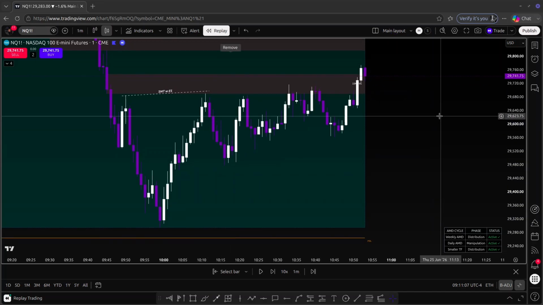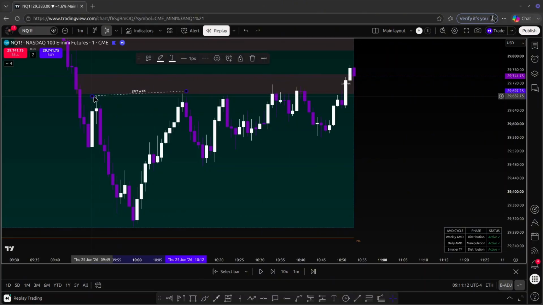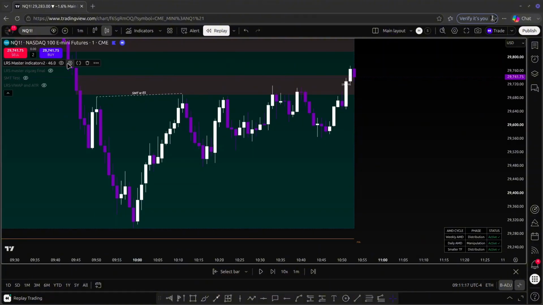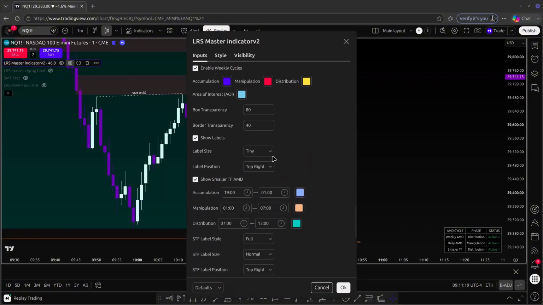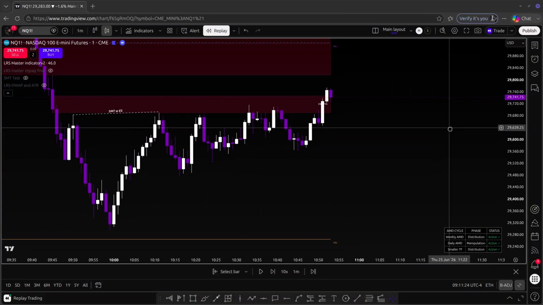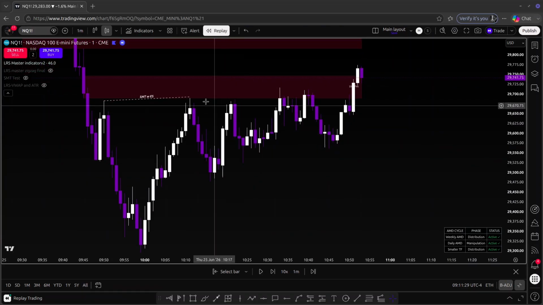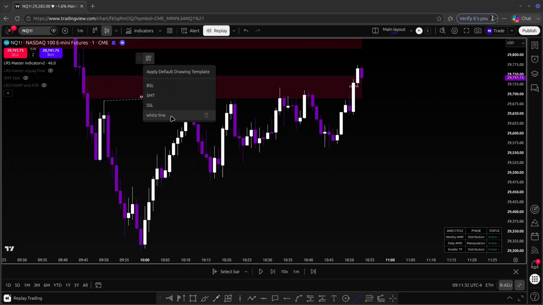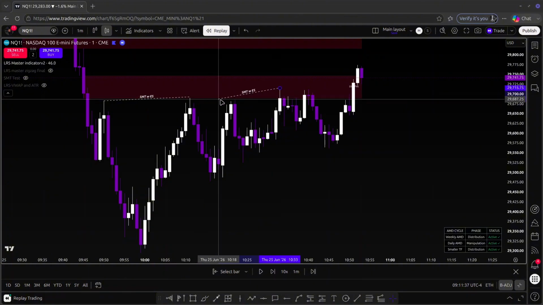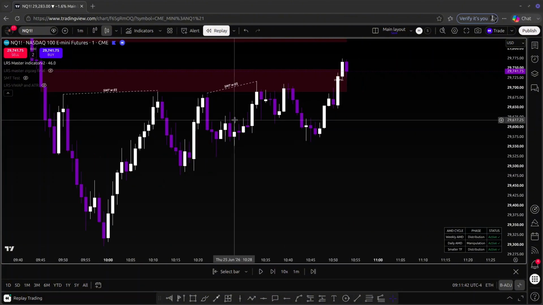And why is this important for you to know? Because of the psychology behind wanting this move to be right. What you need to understand, let me hide this part of my indicator, is that most of you would perhaps have struggled at every single SMT that you would have seen. Maybe there was an SMT here, maybe there was an SMT here, and as you can see, there's a lot of bearish narrative going on, right?